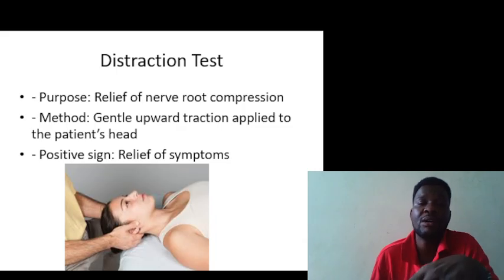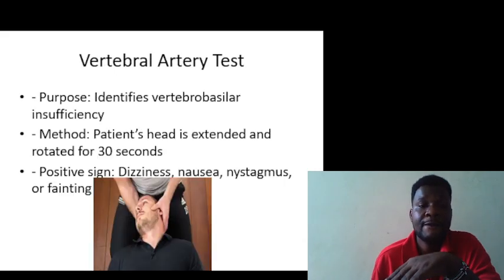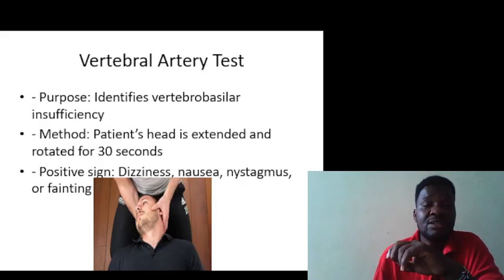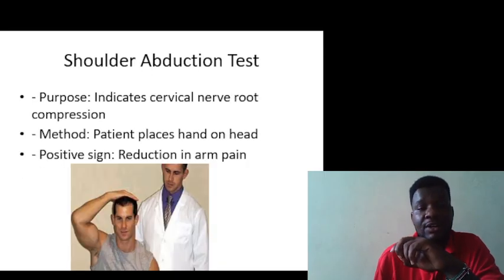It shows that there was a compression. Another one is the cervical vertebral artery test. This is to identify vertebrobasilar insufficiency. We extend and rotate the patient's neck and hold for 30 seconds. The positive signs are dizziness, nystagmus or fatigue.